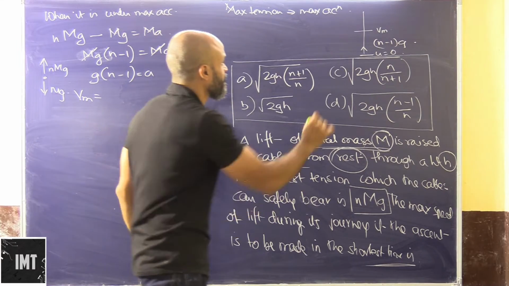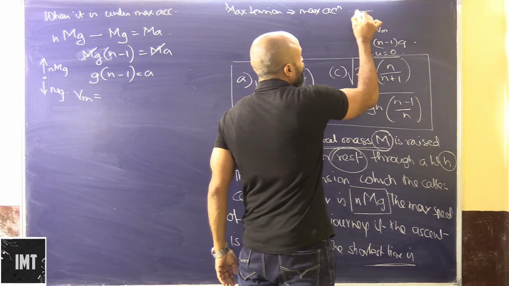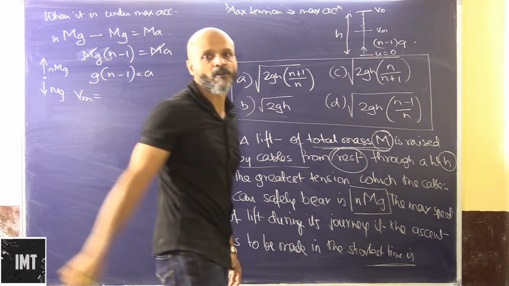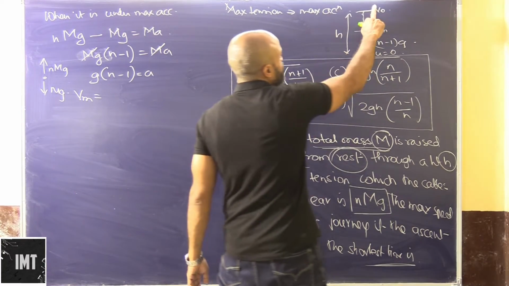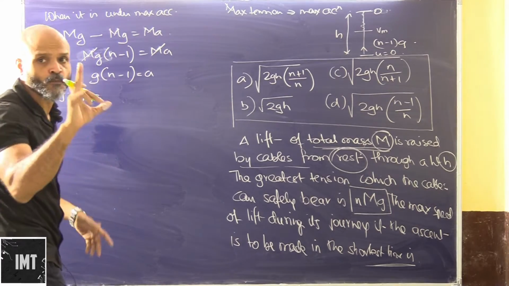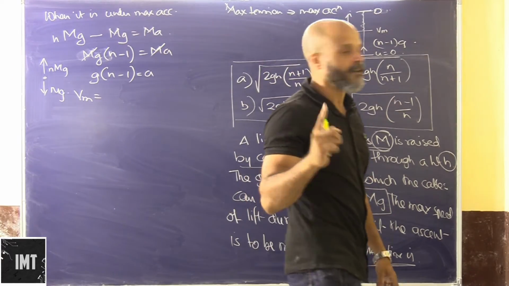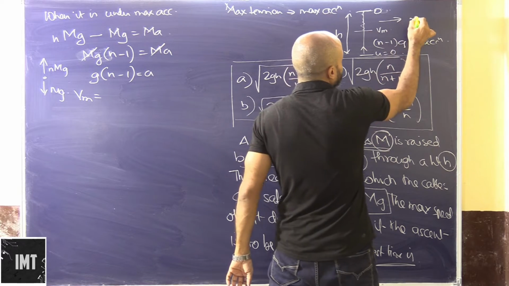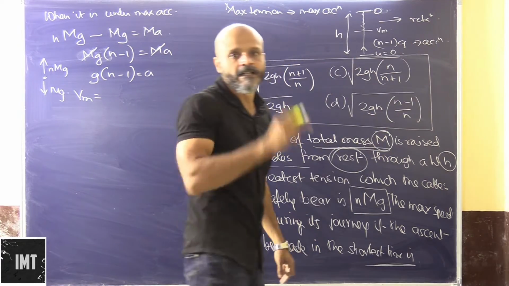From here, this is basically the entire height, wherein it will attain a velocity of 0. This is the maximum height attained by it. Okay, so there are 2 parts of the motion. One in which the acceleration is happening, and obviously during this part retardation is happening.